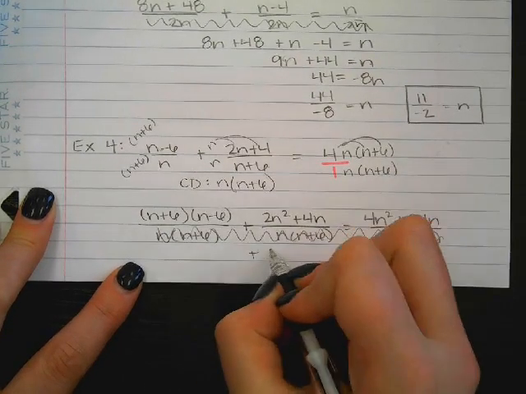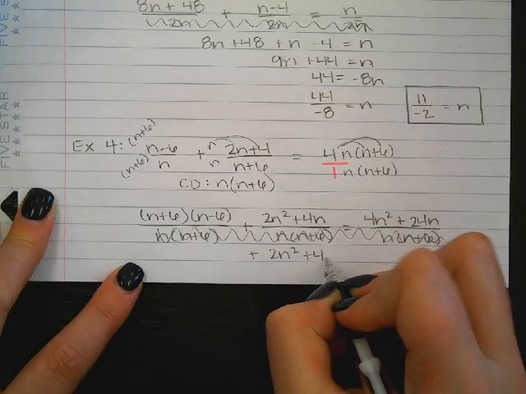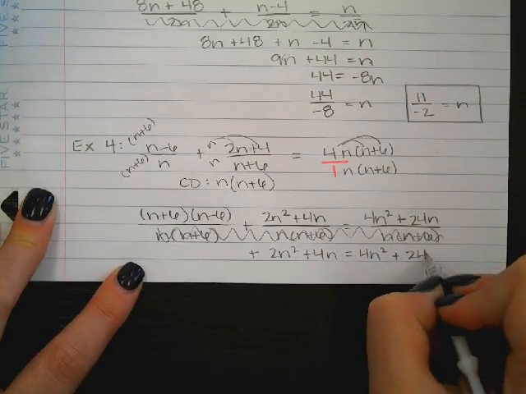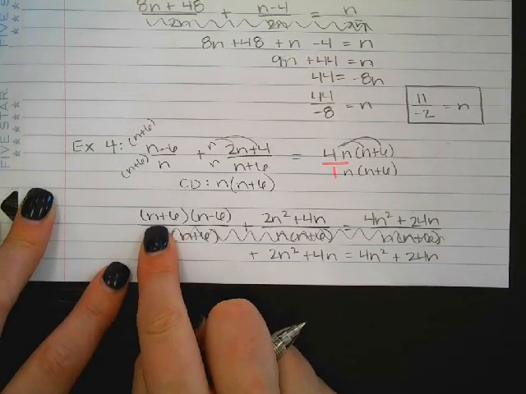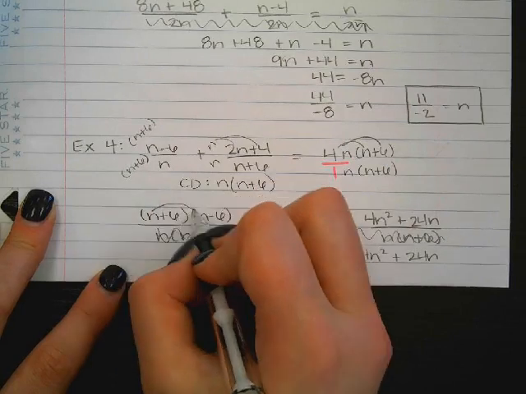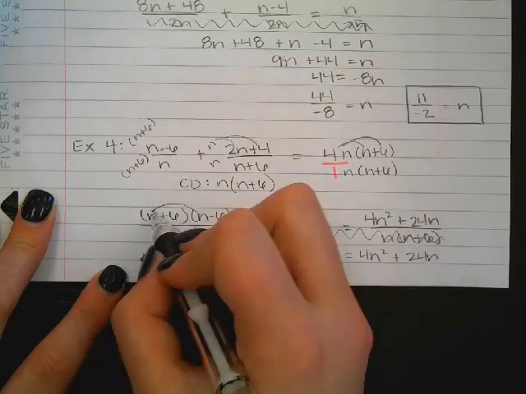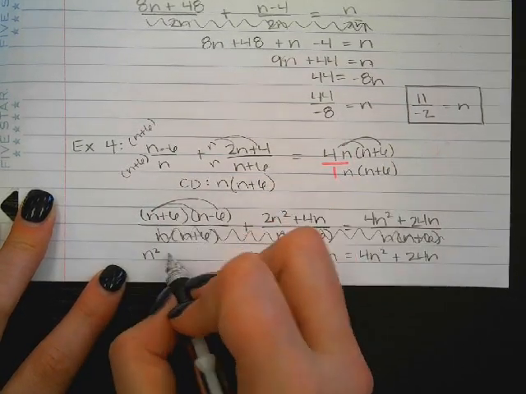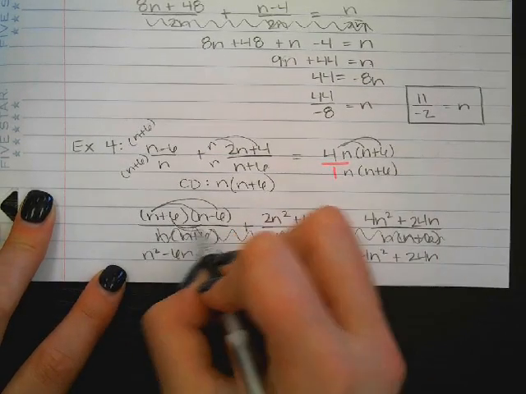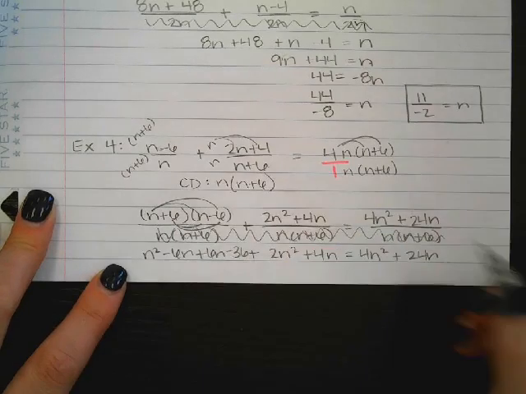So I'm going to go ahead and just write this part right here. Anytime I have the parenthesis next to another parenthesis, I do have to FOIL that. So I have n squared minus 6n plus 6n minus 36.